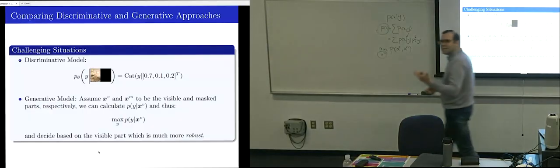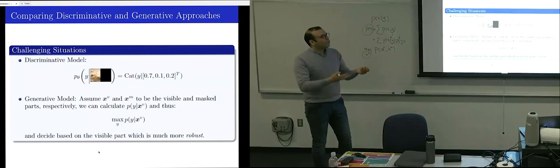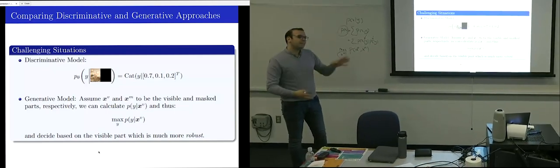The generative model gives you the ability to find that masking. So you have a complete image, then you can fill that image and then again estimate the label.